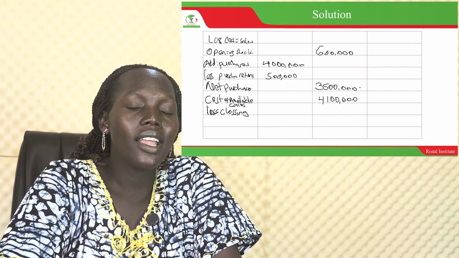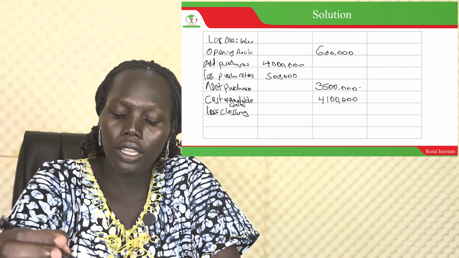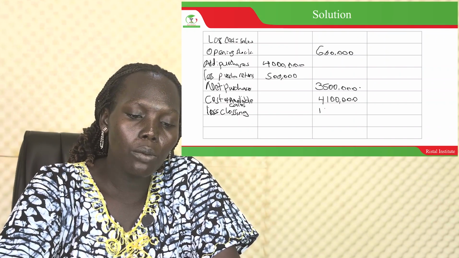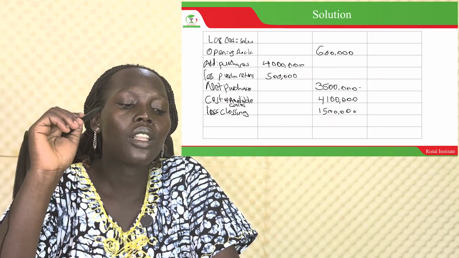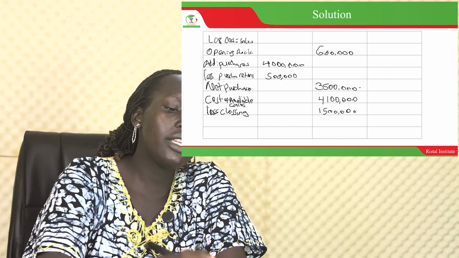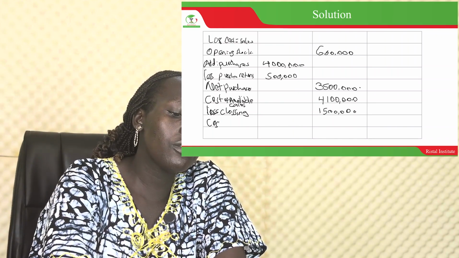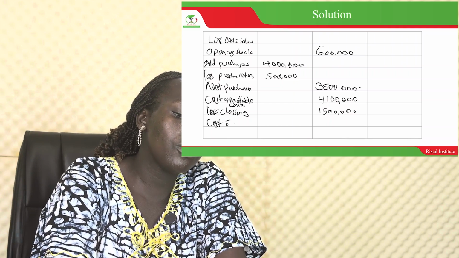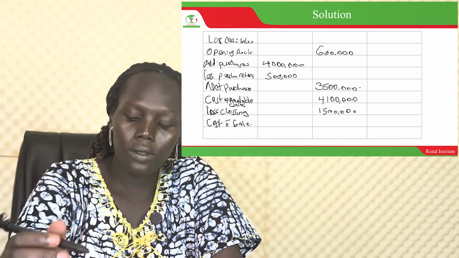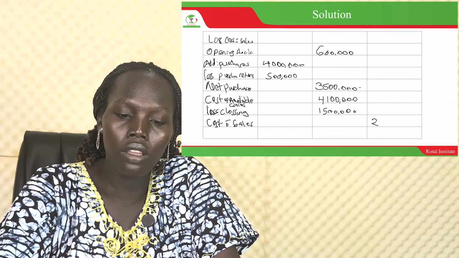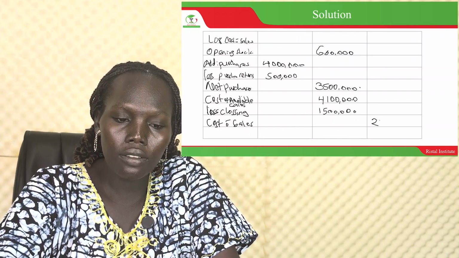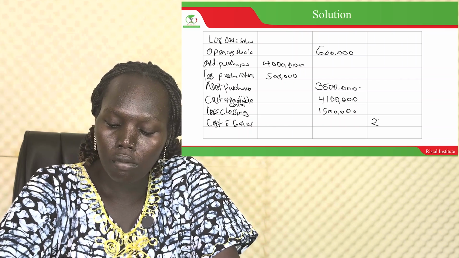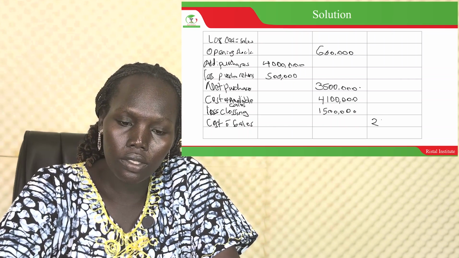So you less the closing stock, the figure is 1,500,000, to get cost of sales, or cost of goods sold. We shall get 2 million 600.